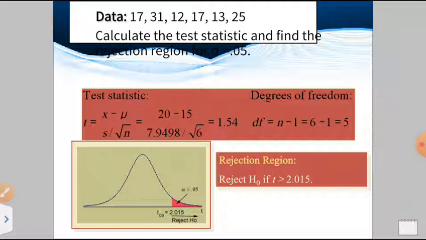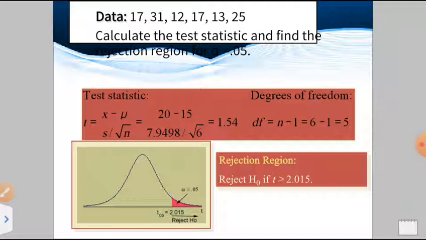Why we need this degree of freedom is to find the standard value of t. In the z test we learned that the standard value would be remembered, but here it will be given to you, or you have to look at the end of the book in the appendix.